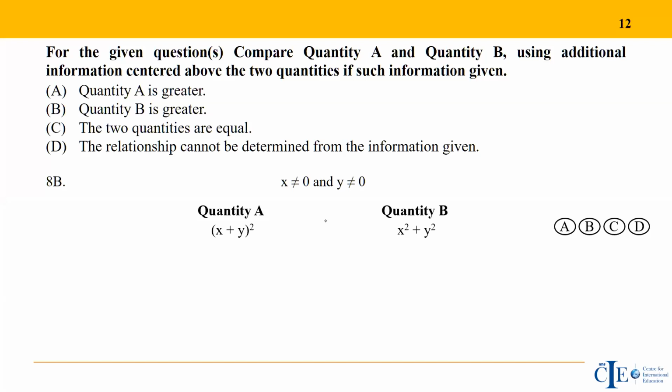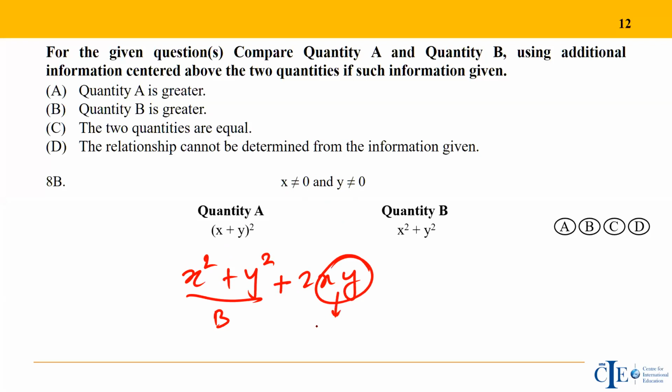Will B be greater? Will it always be? See, that's a catch. Will B be greater, because you don't know. So when you simplify, this is x square plus y square, which is B. This is the B part, and it's a plus 2xy. Now you don't know whether this product xy is a positive or a negative term.